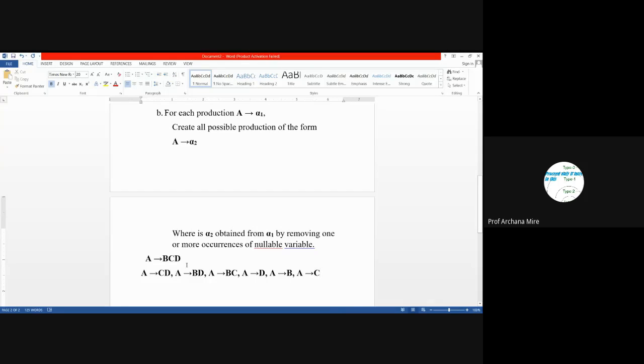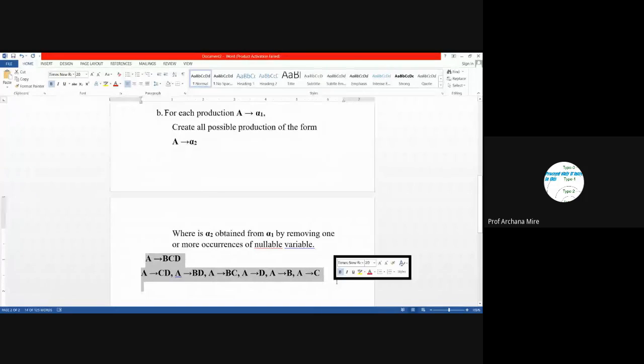So we need to add all possible production rules which we can insert by removing one or more nullable symbols. Whichever combinations are possible, that many combinations we will have to insert as new production rules.